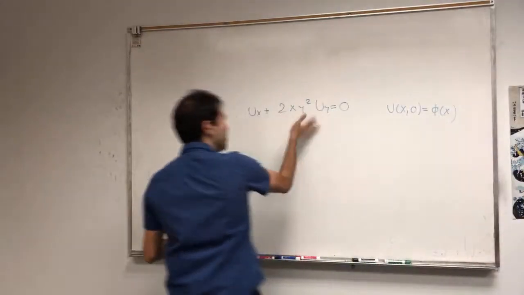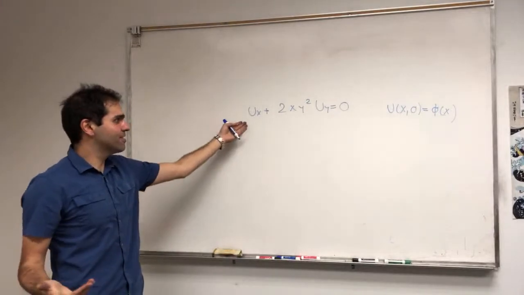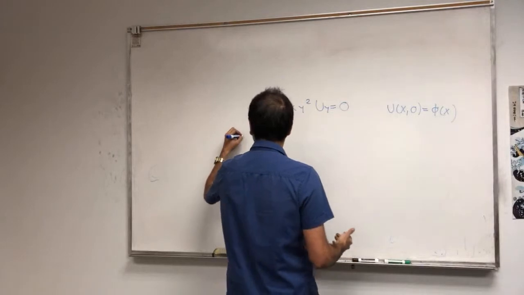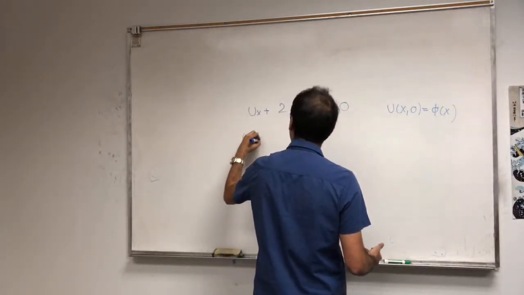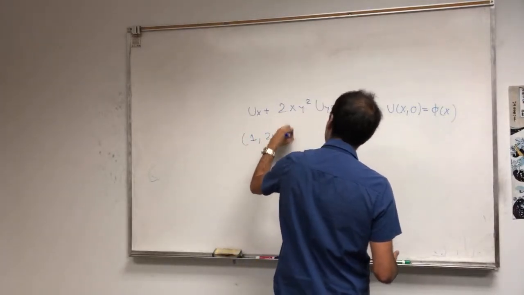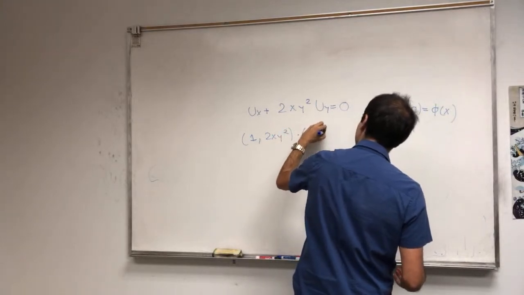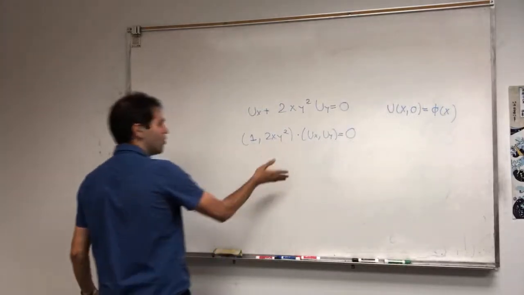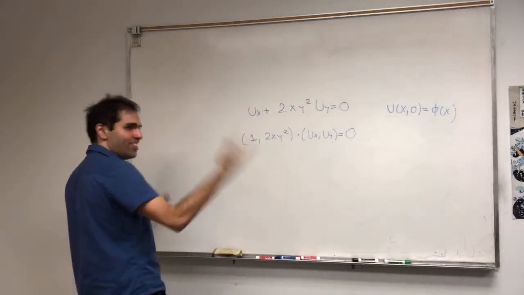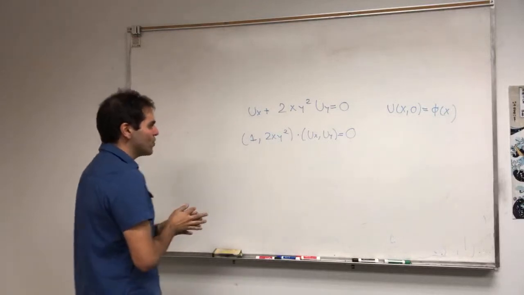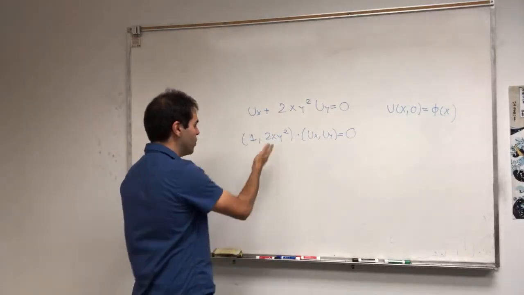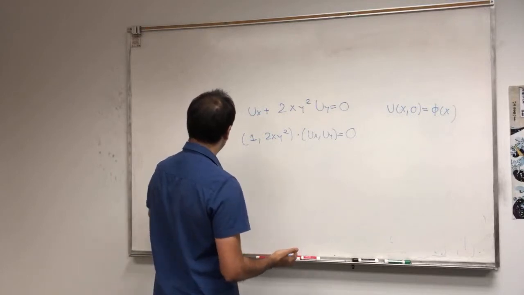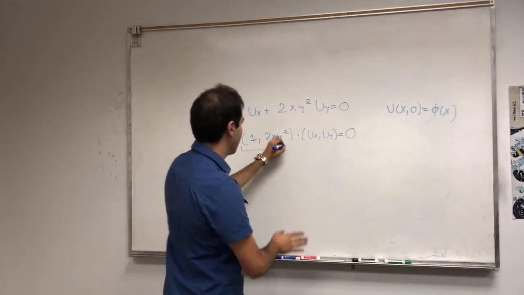Well, this becomes again what's called the typical first order PDE, which in theory we know how to solve. So one thing we know is that (1, 2xy squared) dotted with (u_x, u_y) equals 0. So in other words, by our discussion of first order linear PDE, what we want to find are curves y equals y(x), which are parallel to this vector v.